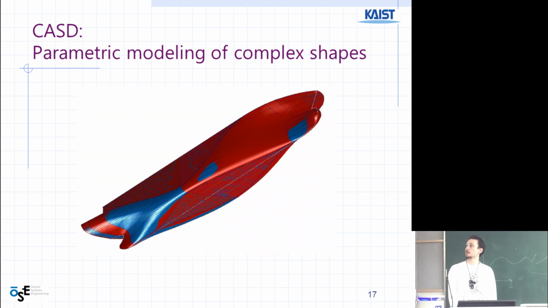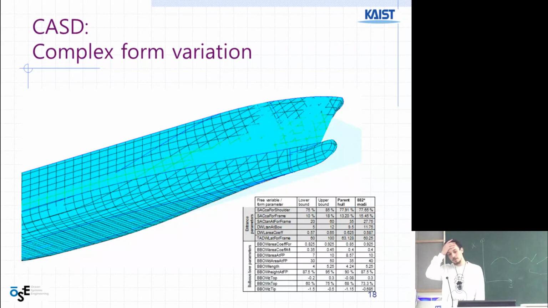Also the parametric modeling. Again I use the computer to draw the shape. The whole shape is really used nowadays. And the computer also allows us to do some optimization in this stage.